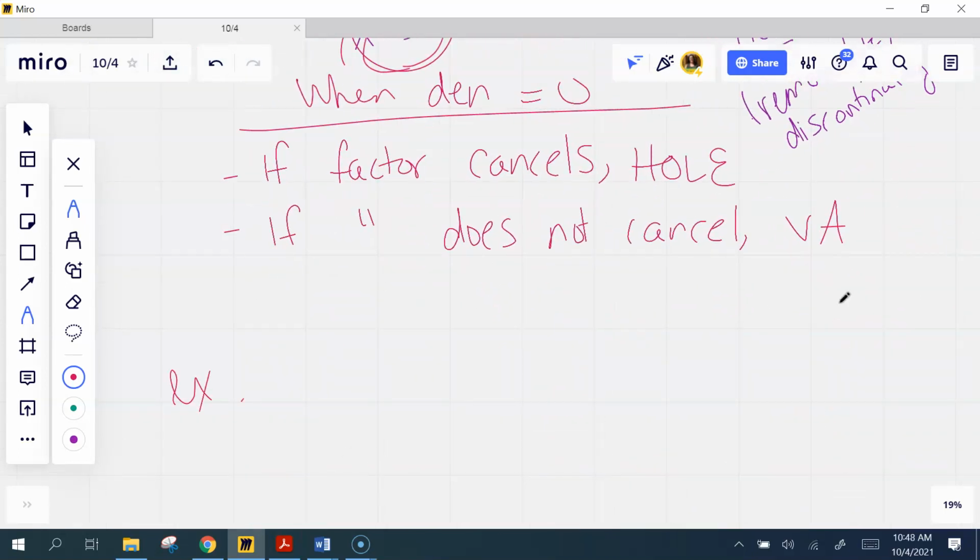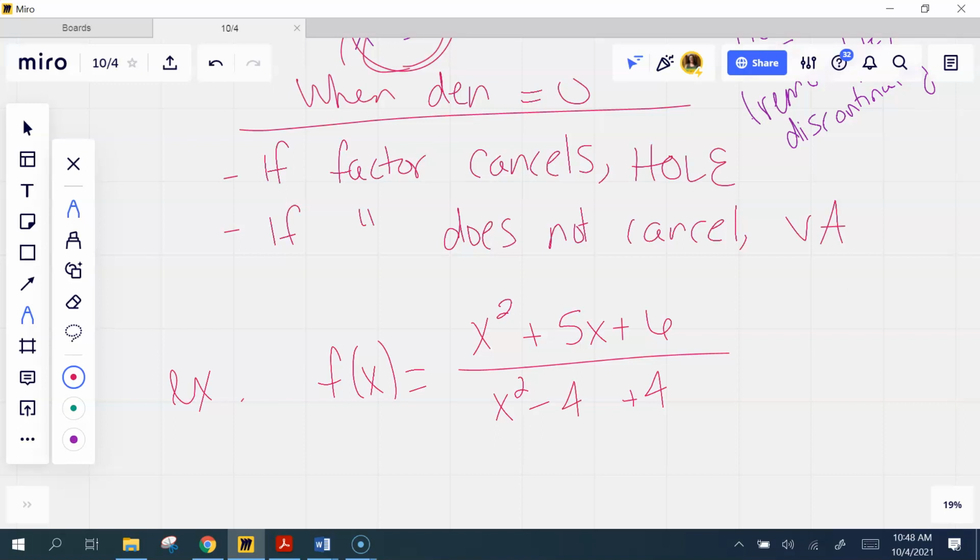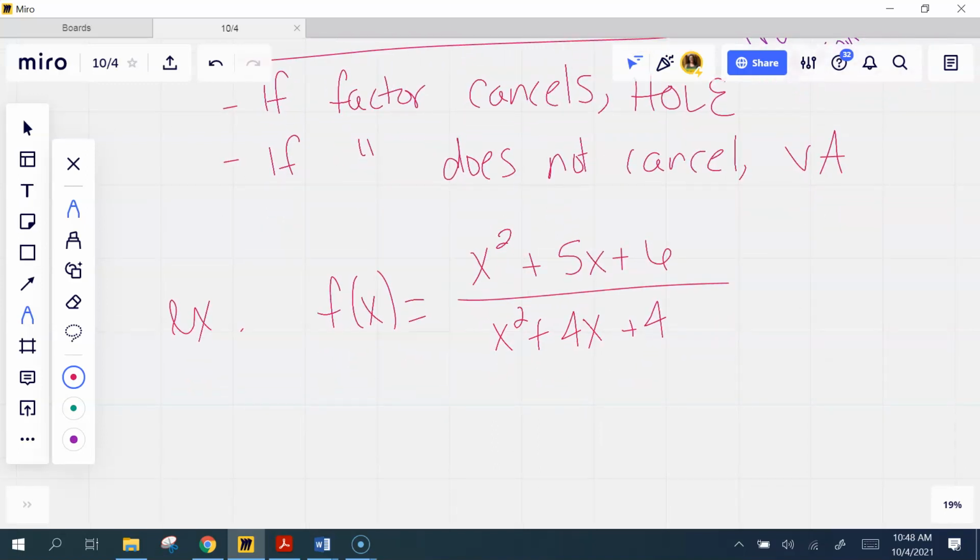Let's do one more example, vertical asymptote. Tell me if I have any vertical asymptotes or holes in this function.